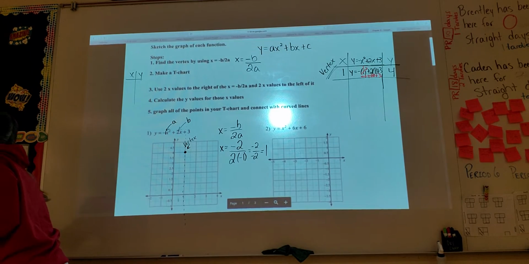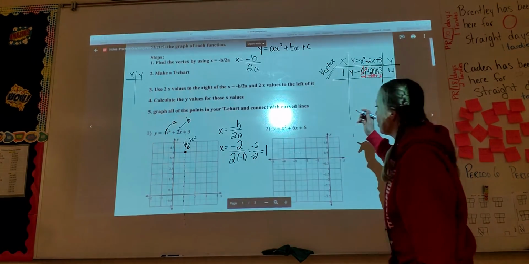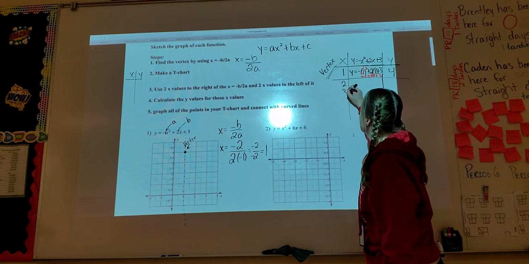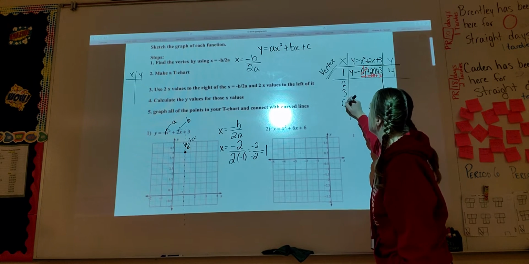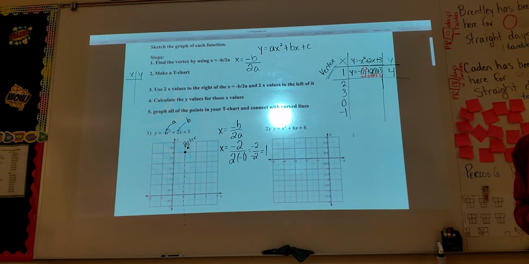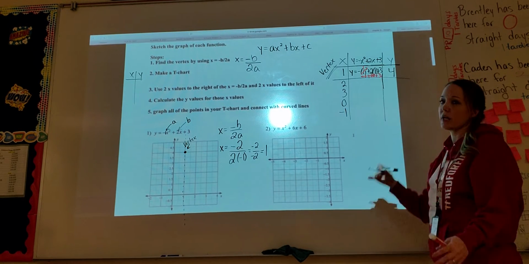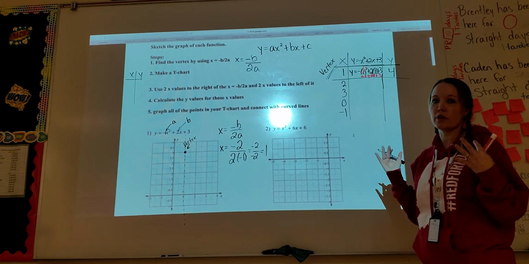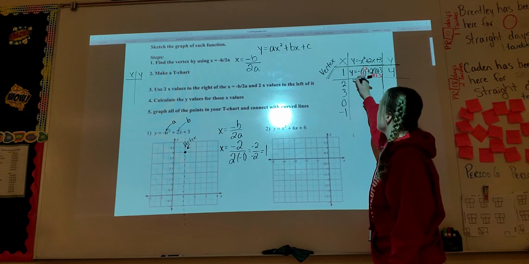I lost internet. Awesome. So I'm going to choose the points, I said 2 and 3, and then also 0 and negative 1. Those are my x values that I'm choosing, and I'm going to plug those in. Now I'm going to go a little quick through this. Ask questions if you're not understanding how I'm getting the answer.